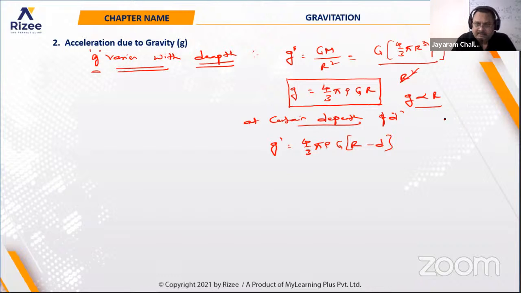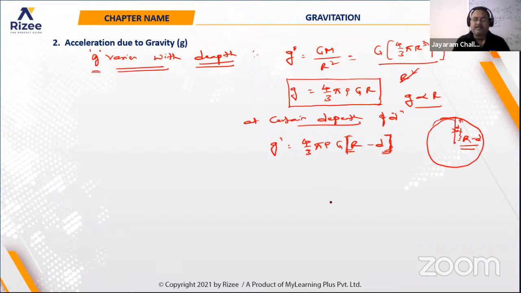If you consider this to be the Earth's surface, then from here to here it has been reduced. You are coming to a distance d from the surface, and the remaining distance will be R minus d. This is the situation, R minus d.